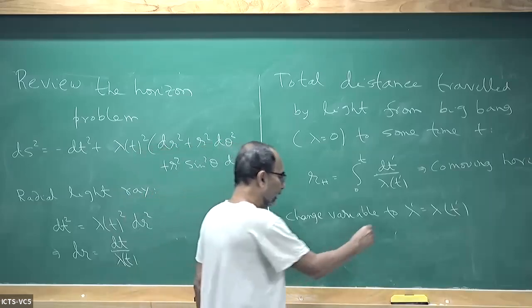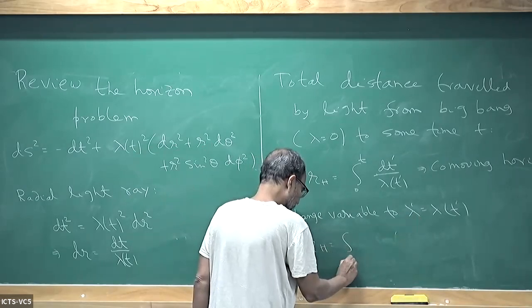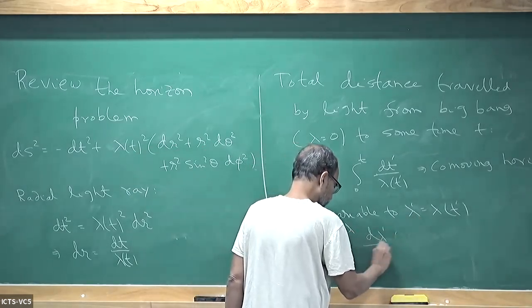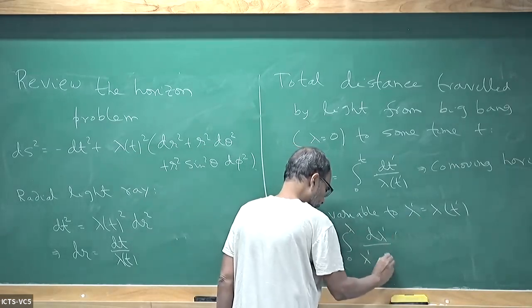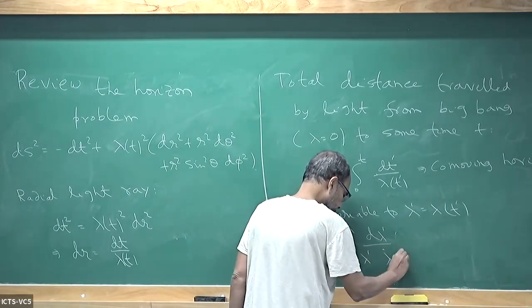If you change to lambda prime, then RH takes the form integral 0 to lambda, d lambda prime over lambda prime times lambda dot of t prime.